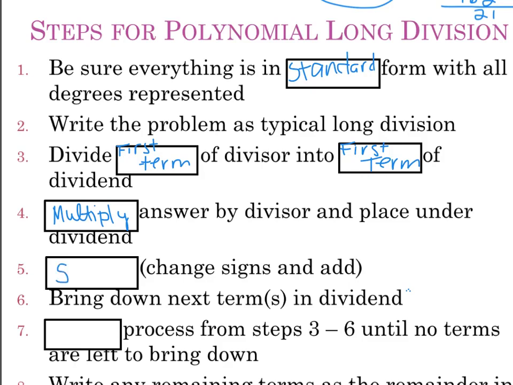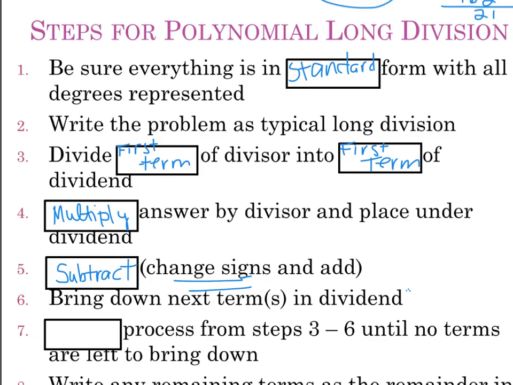Then, just like with the numbers, we subtract. And when we subtract, that's like multiplying by a negative 1. So we will change the signs, and I'll show you what that means. Then you bring down the next term, just like we did with our top example.